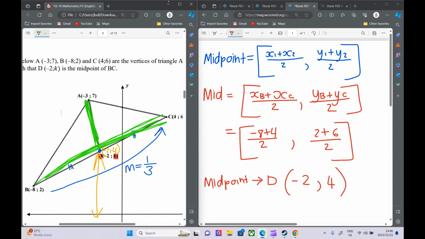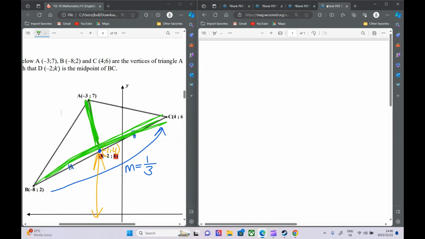If they start asking you if lines are perpendicular, one good trick that they often use is that for lines to be perpendicular, the product of the gradients has to equal minus 1. So if we work out the gradient, so I'm using this M word again, the gradient of line AD, and we work out the gradient of line BC, and we times them by each other, we should get an answer of minus 1.